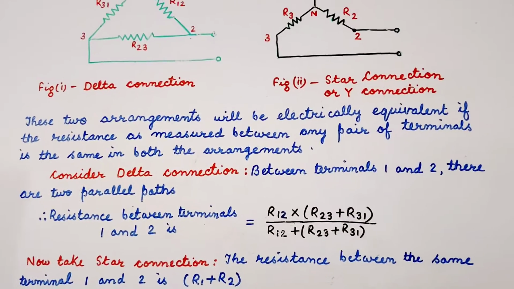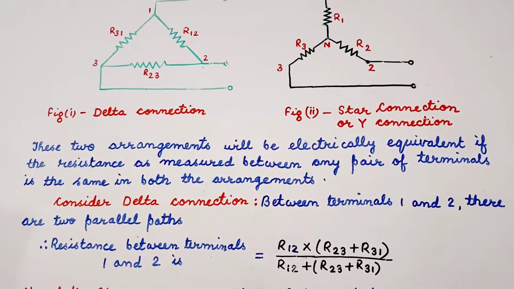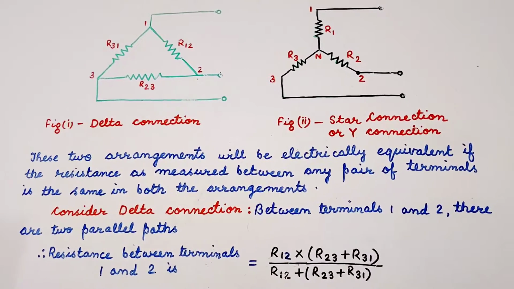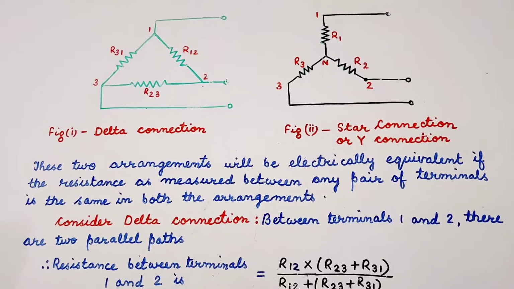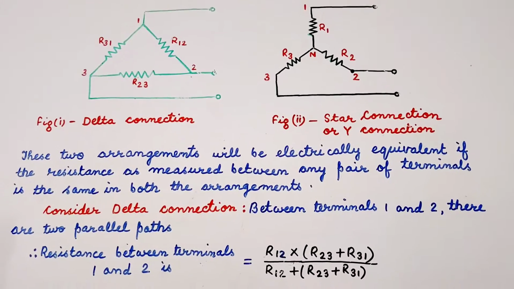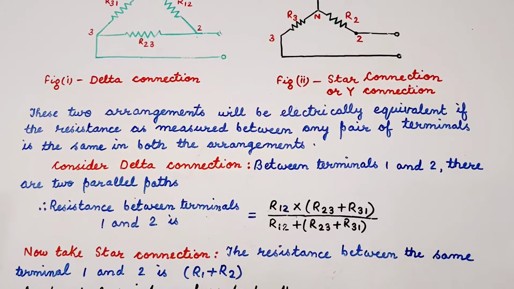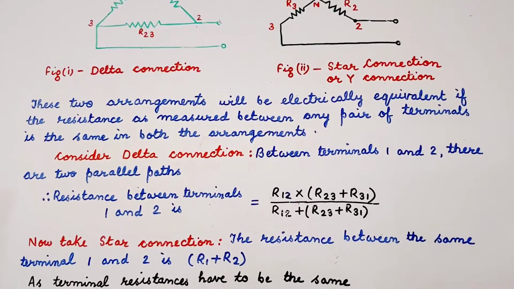If the two arrangements are electrically equivalent, it means that the resistance as measured between any pair of terminals should be the same in both the arrangements. So let us discuss how we can convert delta connection to star connection.